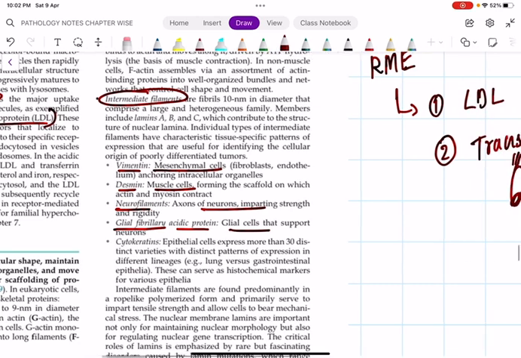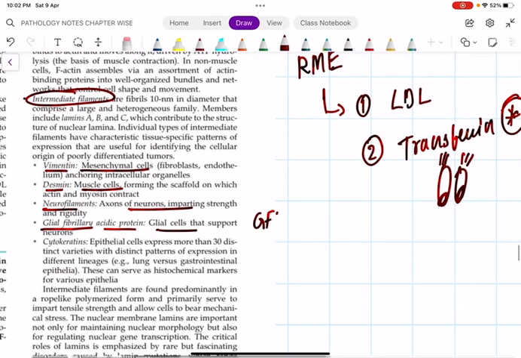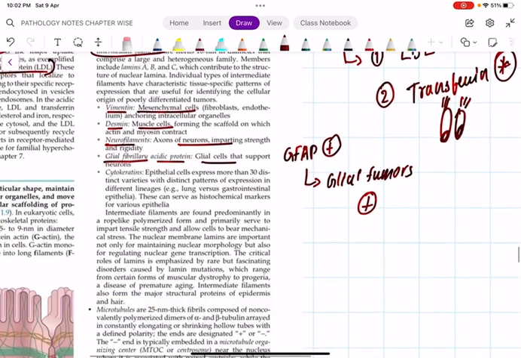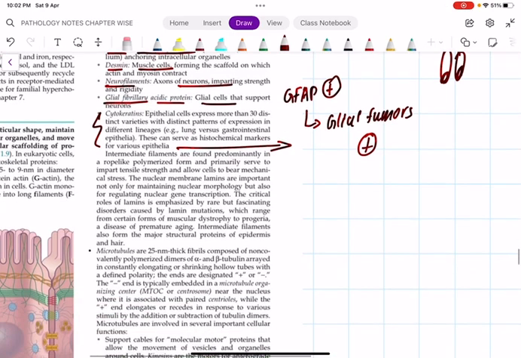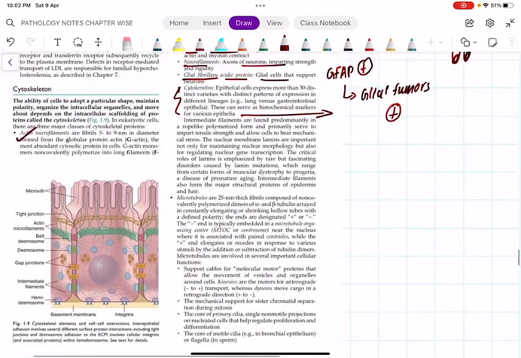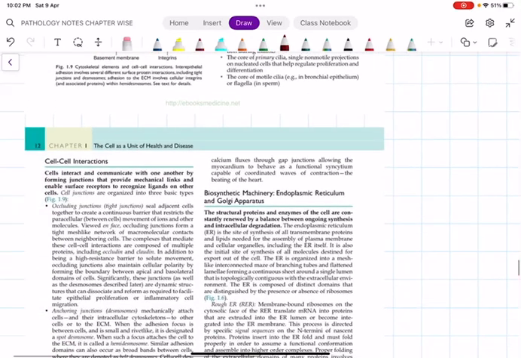Remember that glial fibrillary acidic protein will be positive in glial tumors. And we have cytokeratin. Cytokeratin will be positive in case of epithelial cells, that is carcinomas and all. Then coming into kinesin, dynein, microtubules, all those you already know.